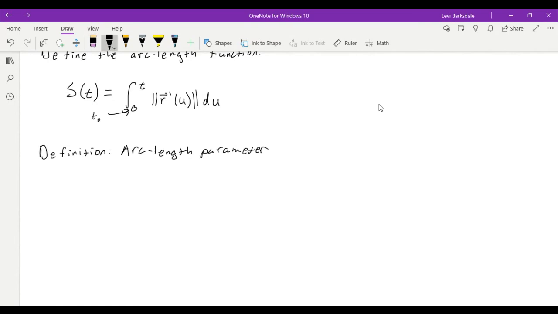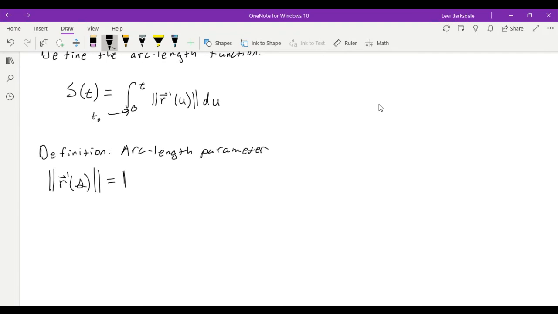It's also denoted by s, so that when we plug that variable in instead of t in our original vector valued function, the magnitude of the first derivative would be equal to 1.